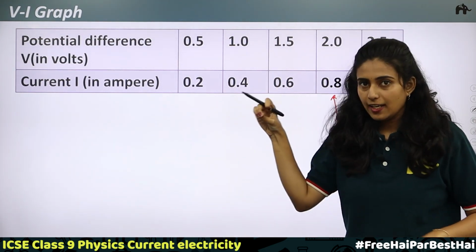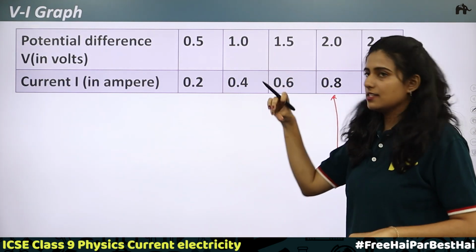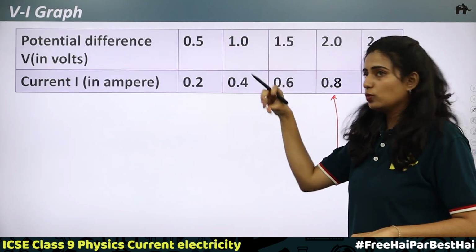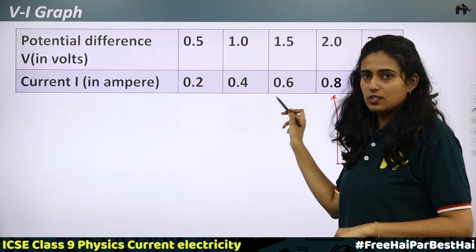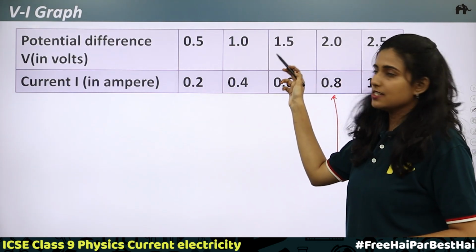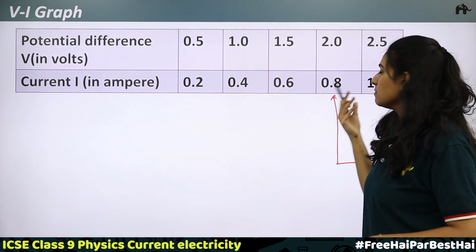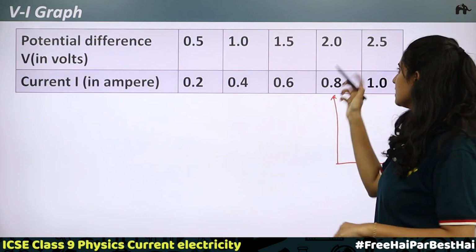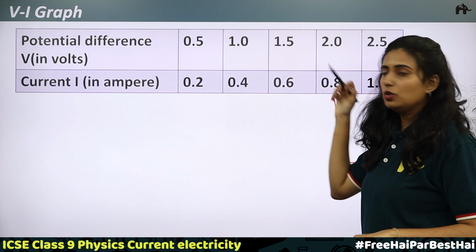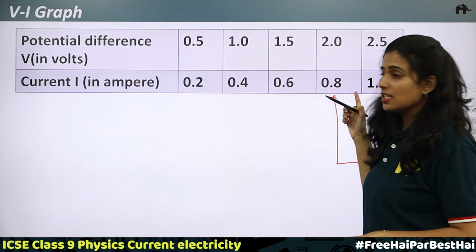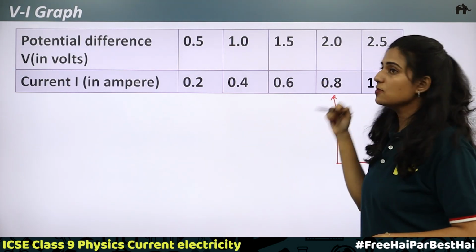Next, decreasing the resistance again by moving the jockey towards the left, the ammeter reading is 0.6 and the voltmeter reading is 1.5. When the ammeter reading becomes 0.8, the voltmeter reading becomes 2 volt. When the ammeter reading is 1 ampere, it becomes 2.5.